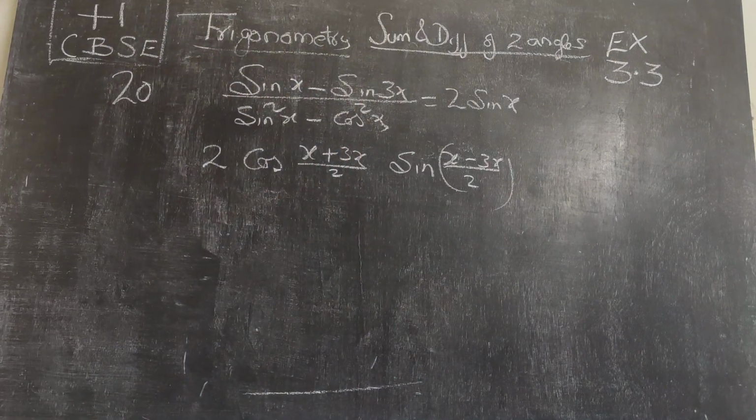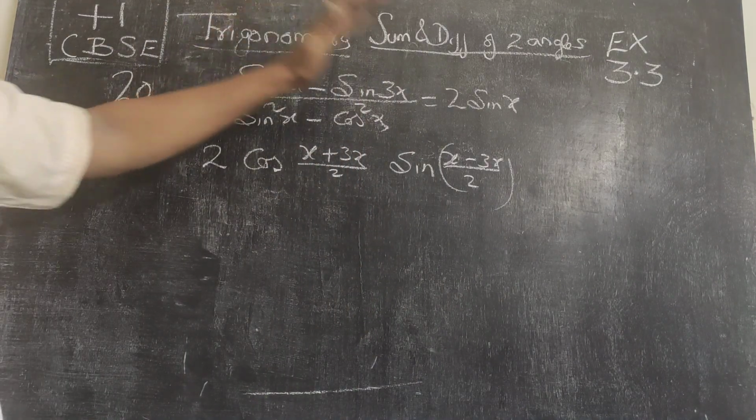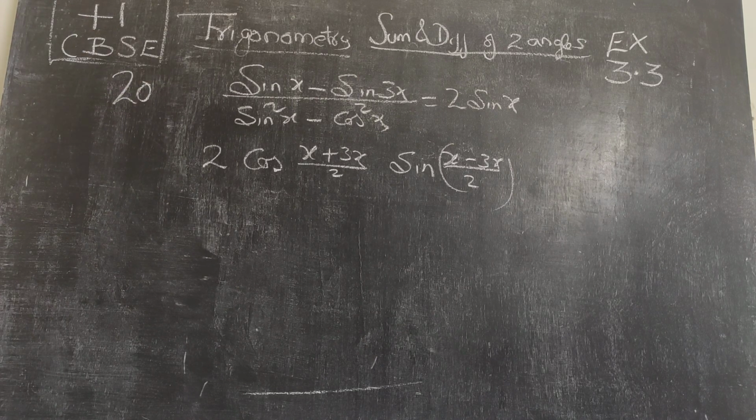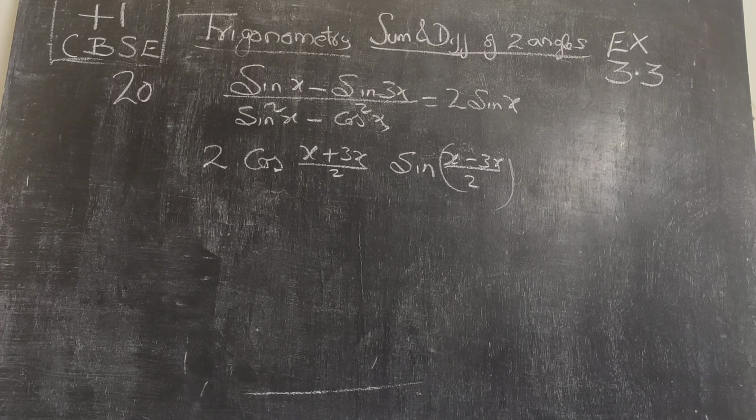For cos I have changed as this is A, this is B, like that. But here sin we cannot change it because cos of minus theta is cos theta, so we have changed it. Here you should not change. The first one you take as x, and the second term you always take as y. So sin x minus sin y is equal to 2 cos (x plus y) by 2 and sin (x minus y) by 2.